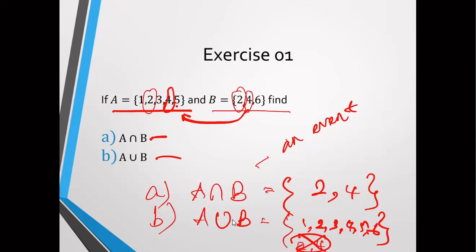So we usually do not repeat elements when we write A union B. Understand how to write A intersection B and A union B? Did you understand, students? Yes or no? If you don't understand, please let me know.